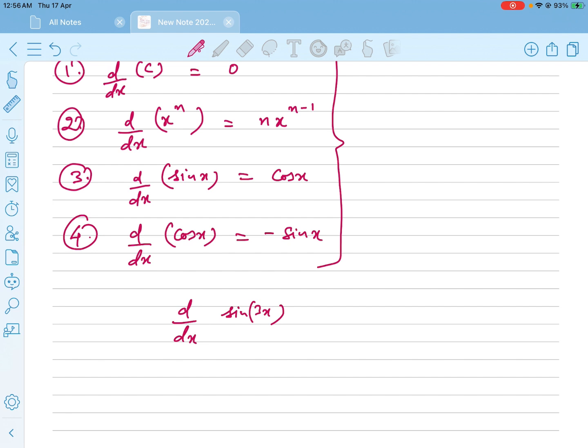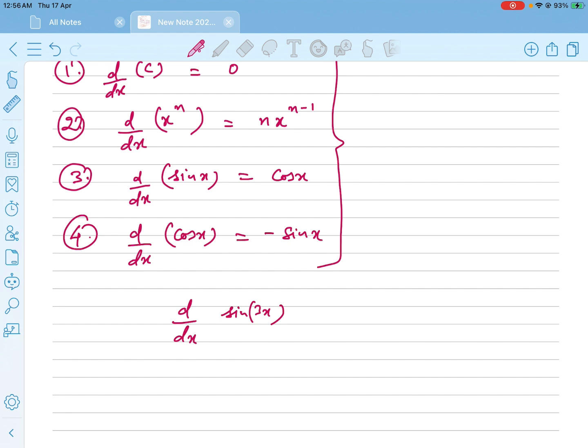Now it's a different function altogether, because in this case the angle is not x, the angle is 3x. So if the angle was x, then the derivative of sin x would have been cos x. We have seen the formula above. But in this case, since the function is sine 3x, not sine x, the answer is going to be a little different. How? Let's see.